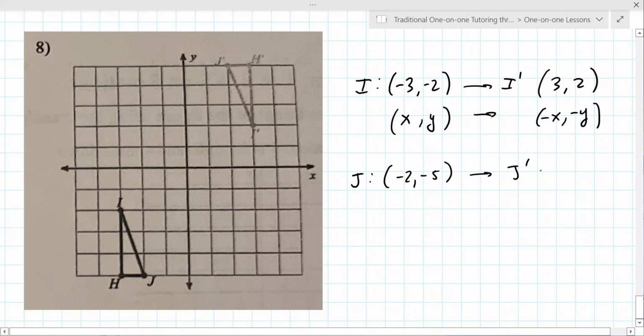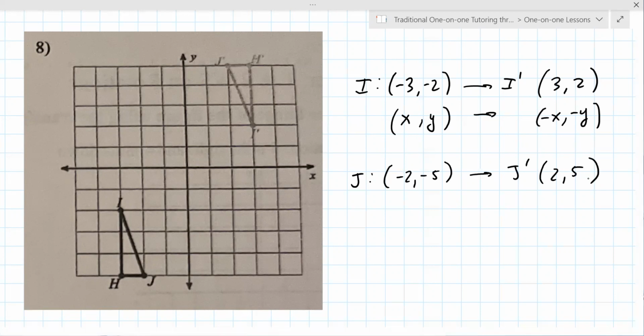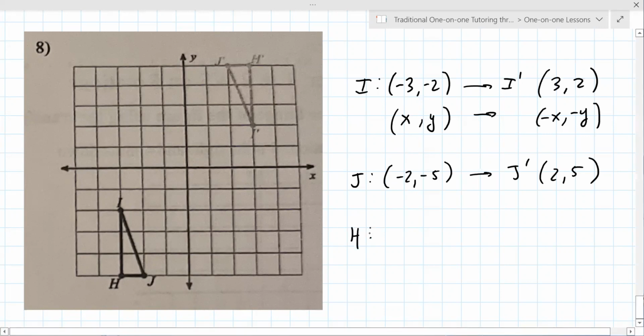J prime is 2, 5. Does that rule appear to be consistent? Does it work for this one? Yeah, it does. And it also works for H. H is -3, -5. H prime becomes 3, 5, like that.